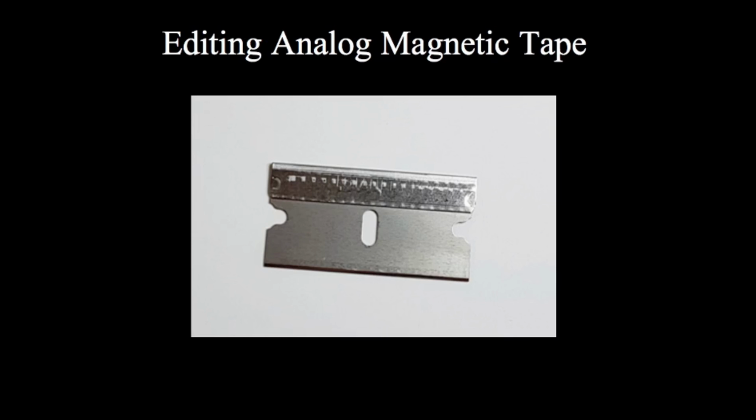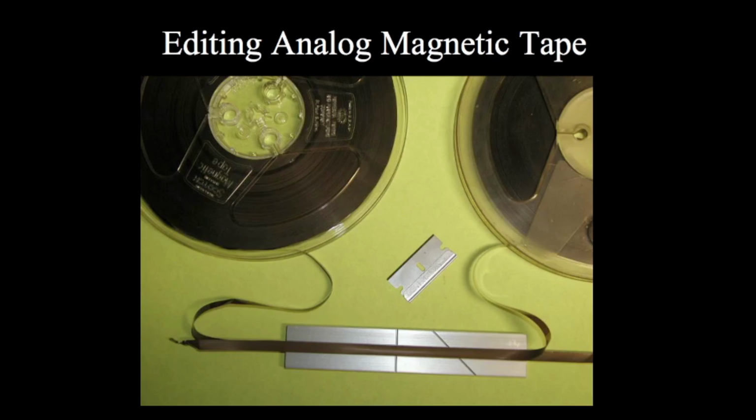The way that edits were performed was with a razor blade, just a simple razor blade here. So how did that work? What we see here is a splice. We see two reels of tape, one on either side. We see a razor blade. And then these reels of tape are going through this metal groove that you can see.